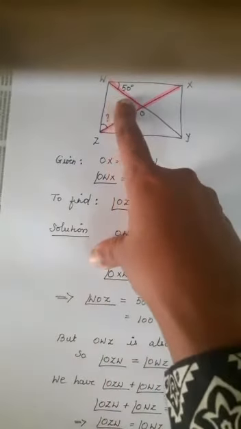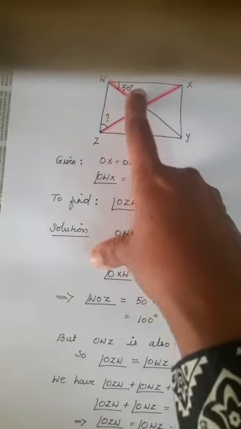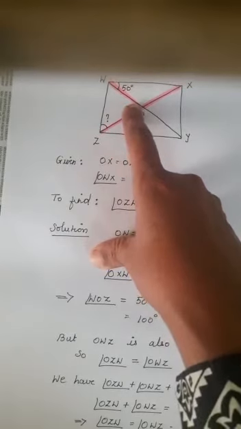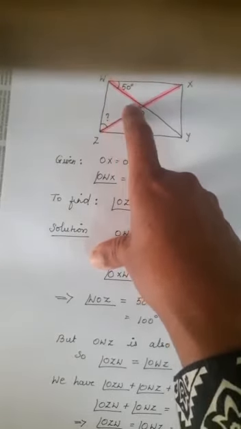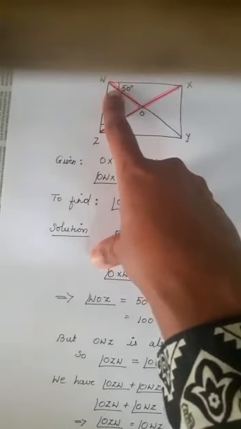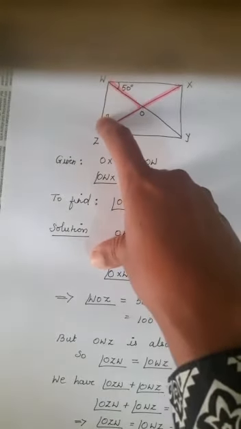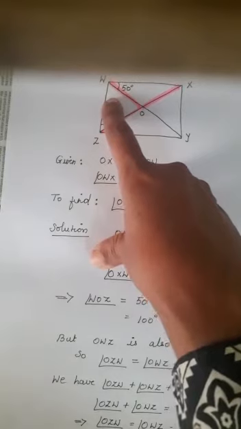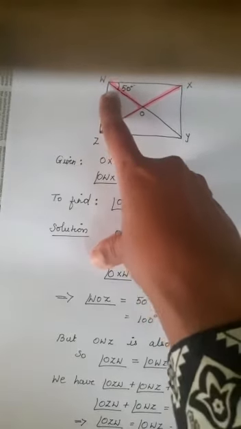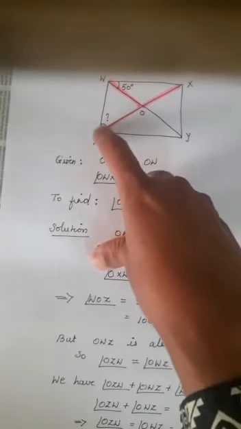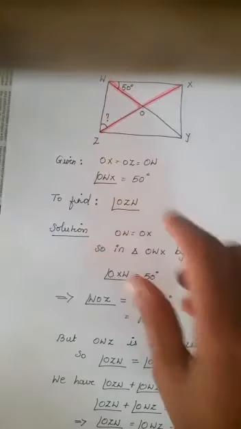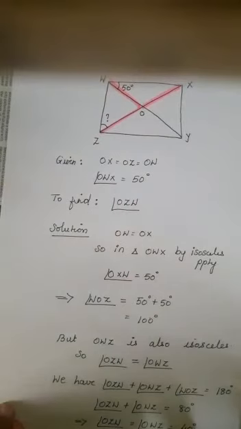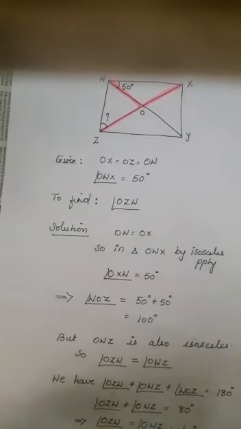And now WOZ, using exterior angle property, is 100 degree. Now this is also an isosceles triangle, so 100 plus this angle is 180, but these two will be equal, so these two add up to 80 degree, which means this angle and this angle are each 40 degree. So this is how your solution goes.